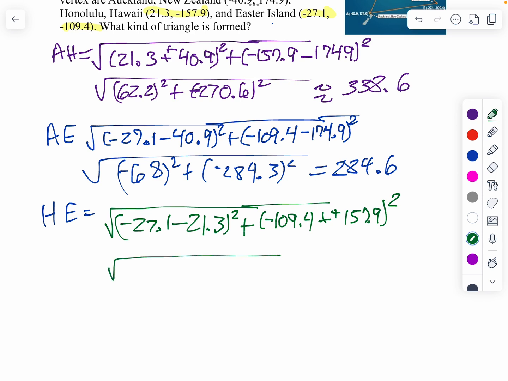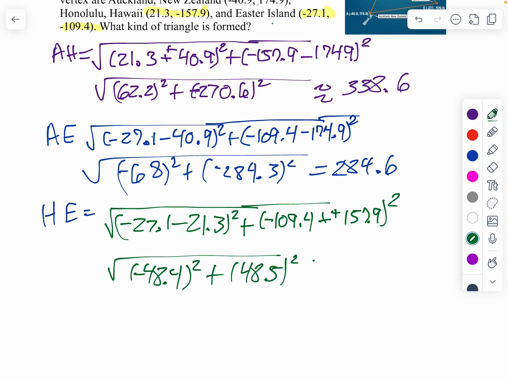So if I take negative 27.1 and I subtract 21.3, I get negative 48.4 squared. And then if I take negative 109.4 plus 157.9, I'll get 48.5.